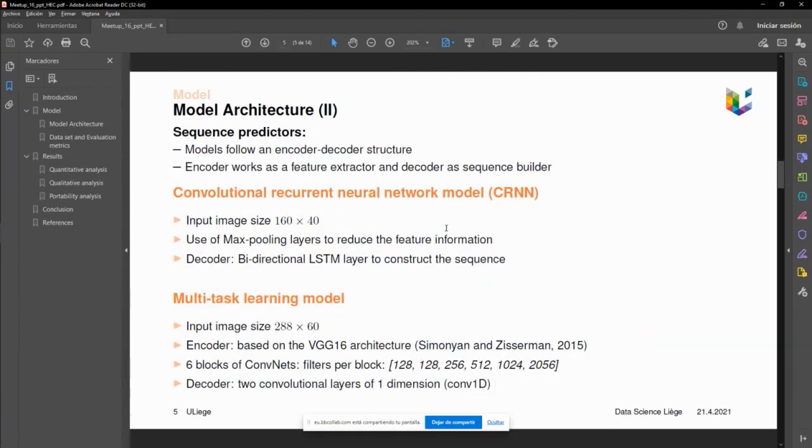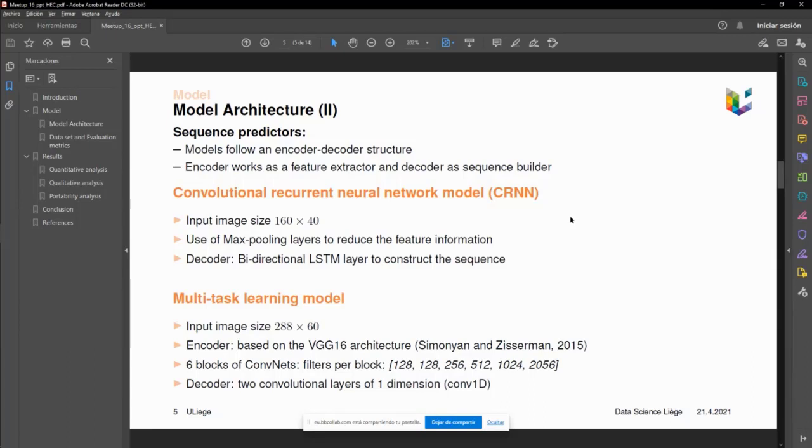Now, the sequence predictors. These models follow the encoder-decoder structure, where basically the encoder works again as a feature extractor, and the decoder tries to build a sequence from those given features. The first model that we developed was the convolutional recurrent neural network.